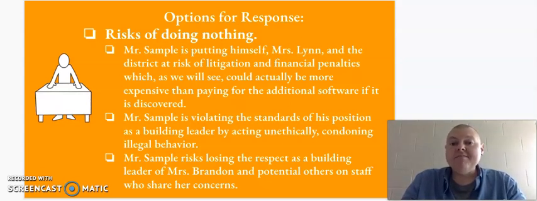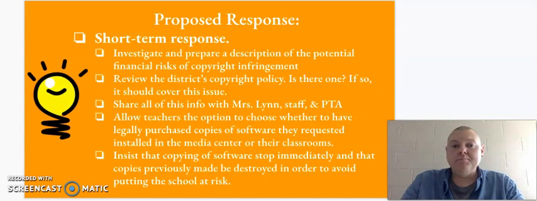Mr. Sample is violating the standards of his position as a building leader by acting unethically. In fact, to ignore this behavior is to condone illegal behavior, and it models illegal behavior for students who become aware of how it is being copied. Mr. Sample then risks losing the respect, as a building leader, of Mrs. Brandon and the potential other staff who would share her concerns.